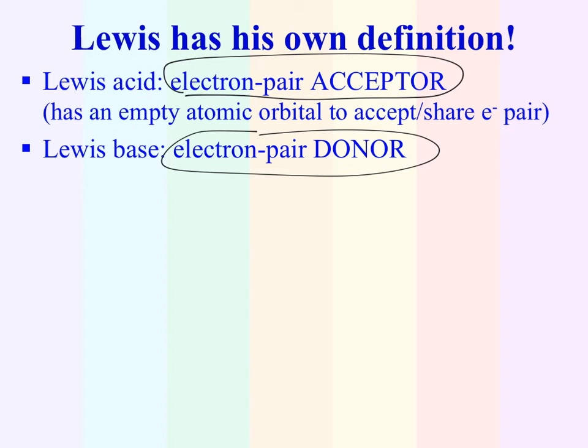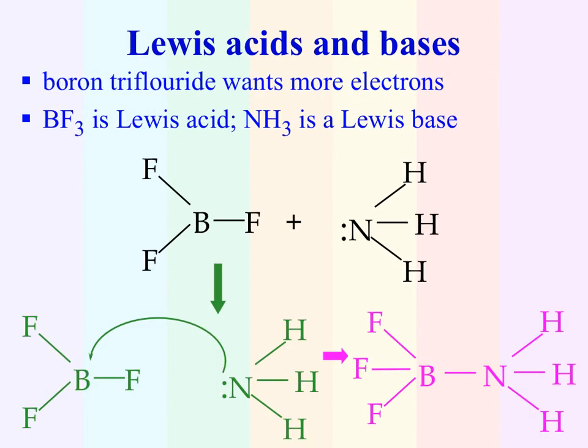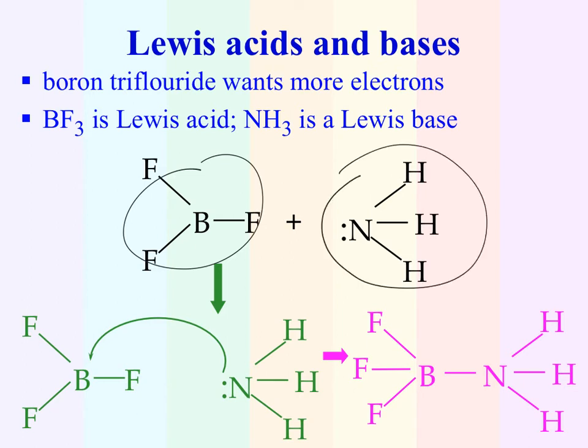So we're going to look at some examples of Lewis acids and bases. If we look here at boron trifluoride, which is going to be a Lewis acid, and ammonia, NH3, which is a Lewis base, what do we have here? We have this empty p orbital on the boron atom, and obviously we have a lone pair on this nitrogen.